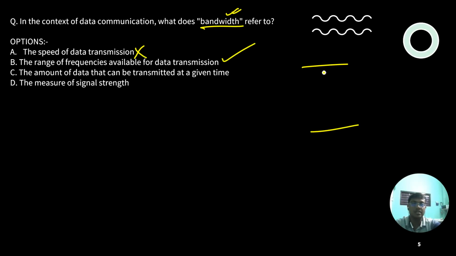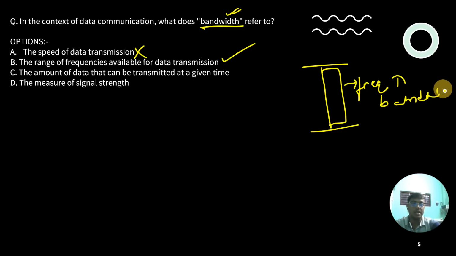According to a bandwidth, the amount of data that passes through a given channel is decided based on some given frequencies. Higher the frequency, higher is the bandwidth, right? So the correct answer is option B.